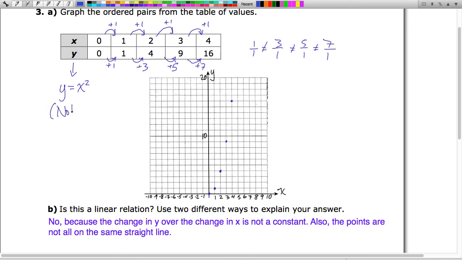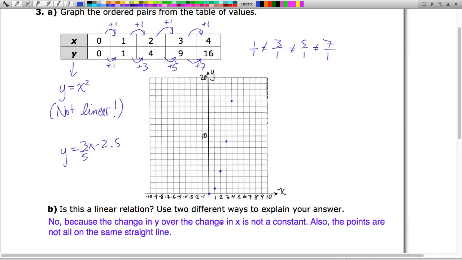But it's not linear. Linear relationships will never have an x squared or a square root or dividing by x, anything like that. It will always have x just to the power of 1. So the most complicated that we might get is something like y equals 3x minus 2, or 3/5 x minus 2.5.